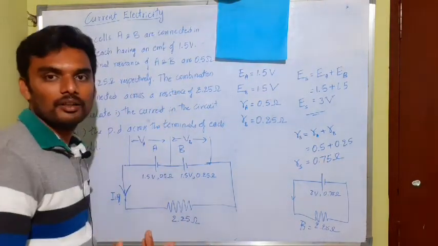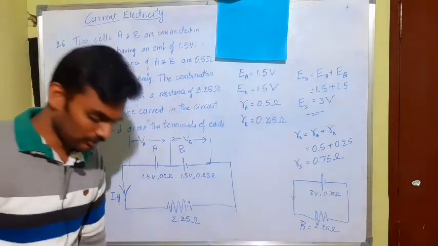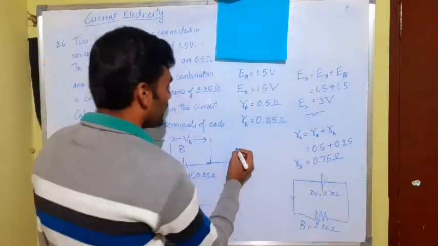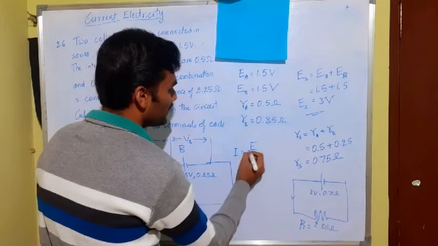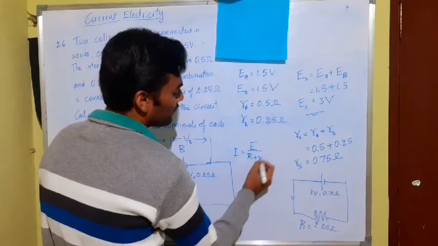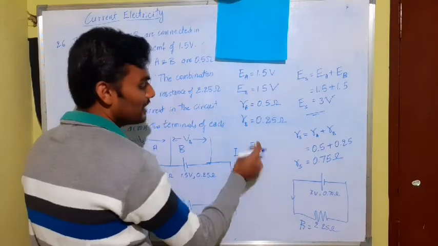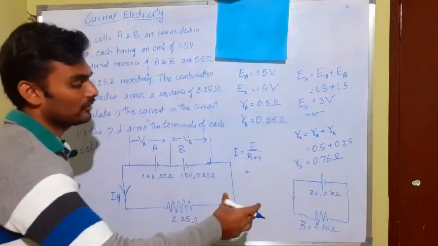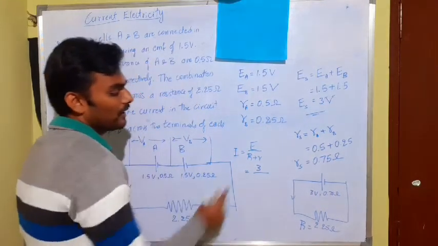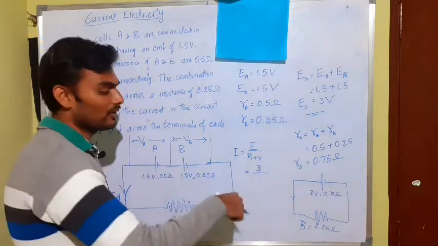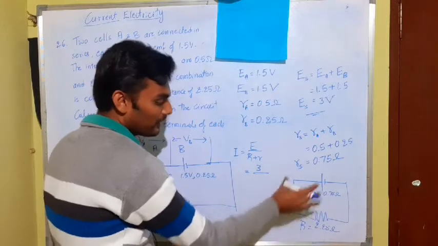Quite simple. The current formula: I is equal to E by R plus r, where E is the EMF of the effective cell of the combination, which is 3 volt, divided by capital R, the external resistance of the circuit. This is the simplest circuit now.